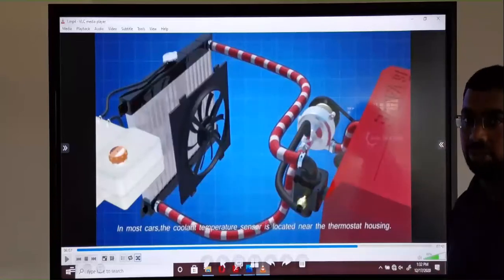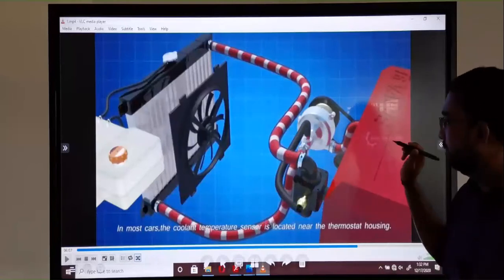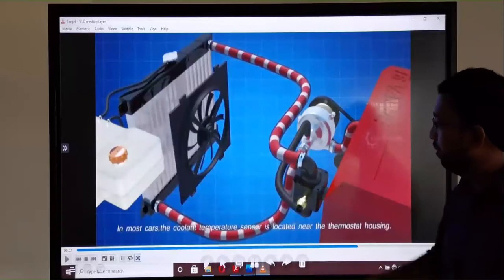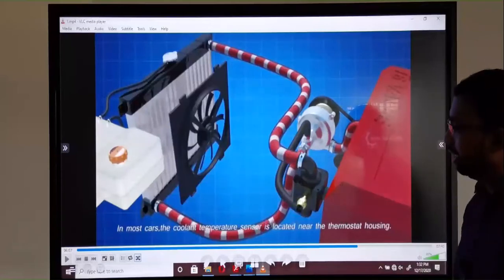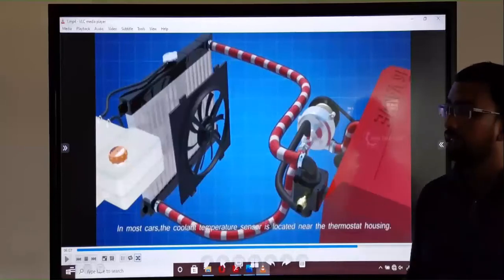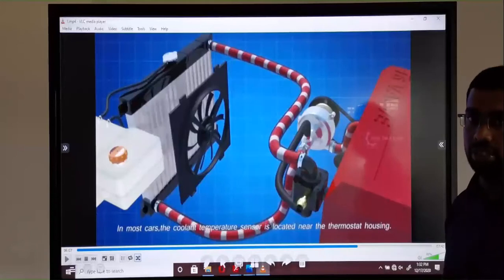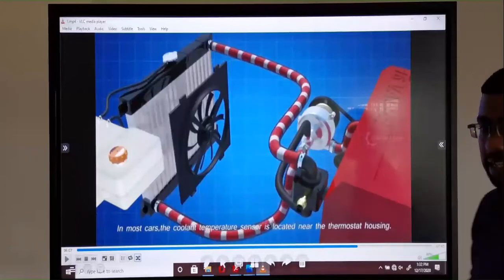So the fan needs to work. When the thermostat opens the main valve, the fan starts to work because this signal data is sent to the ECU, and the ECU controls the radiator fan.